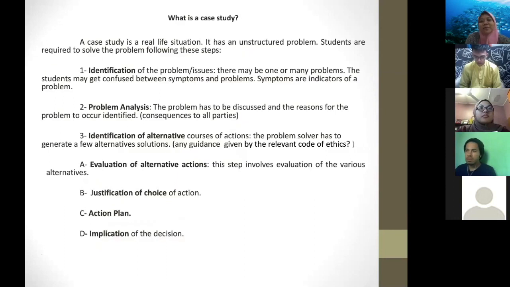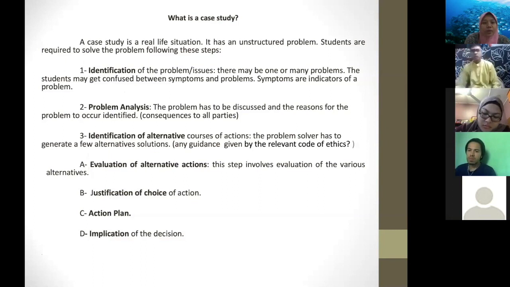So this is the most important slide. When I give you a case study, you're supposed to cover all three, 1, 2, 3, and including A, B, C, D. Make sure the elements are there, because the marks will be given on that. I remember last time I told the students you need to cover this, but many students didn't put the elements there.